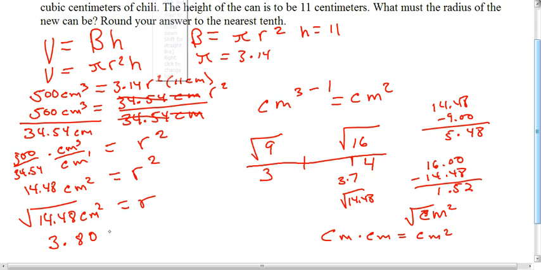So approximately 3.8 centimeters is approximately the radius. So I think that's a very good estimate. It said round to the nearest tenth, so 3.8 is approximately the radius.